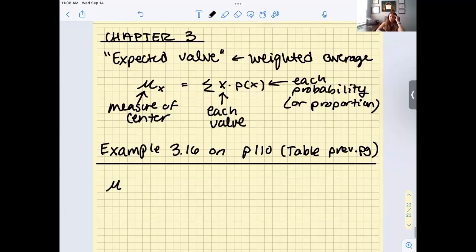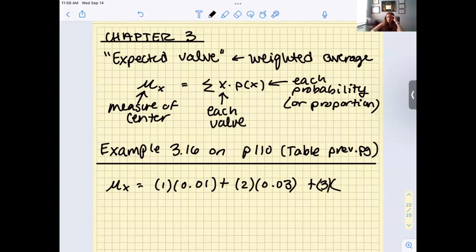So to find that weighted average, you're going to say, well, value 1 has a probability of 1%. I'll add it to value 2, which has a probability of 3%. I'll add it to value 3 times what? 13%.